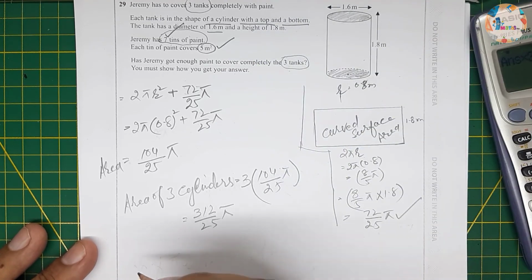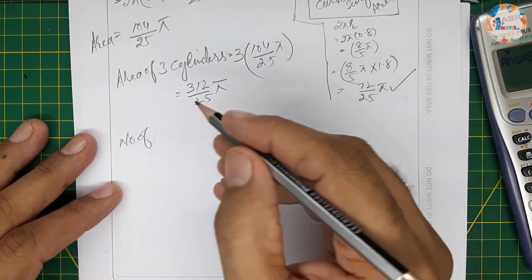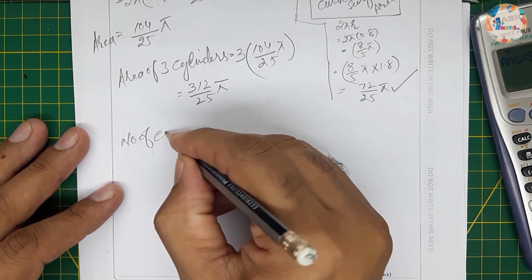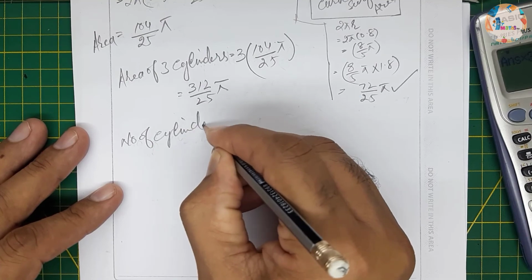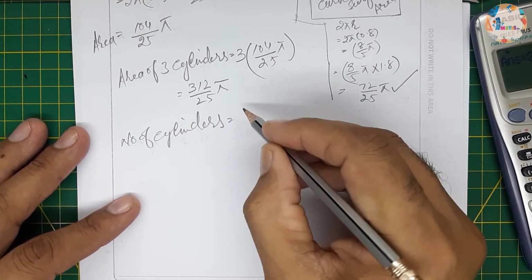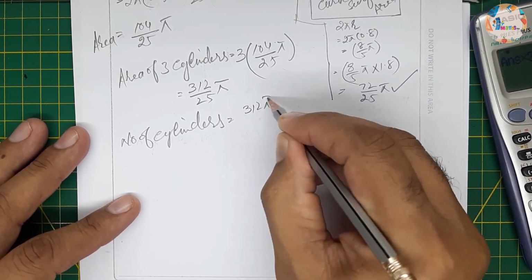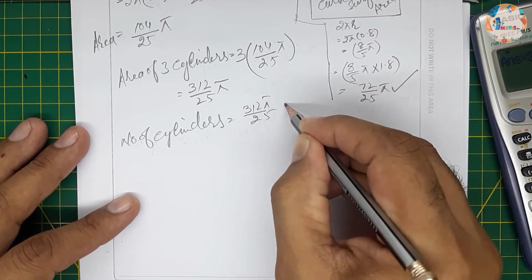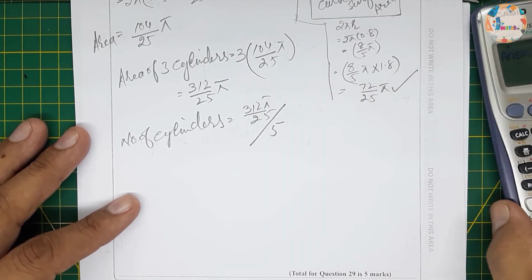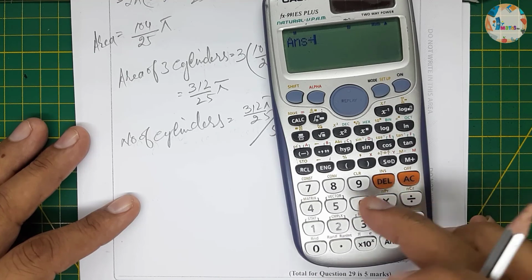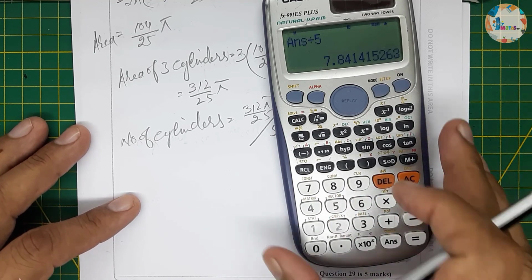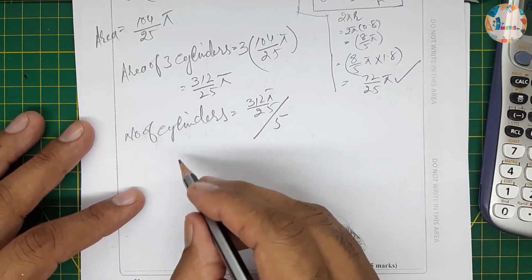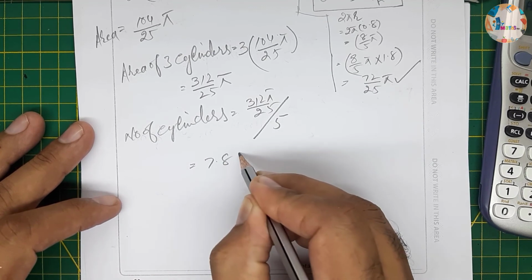Now we can calculate the number of cylinders. The number of cylinders will be equal to 312 pi over 25, divided by 5, and we will get 7.84. So this is equal to 7.84.